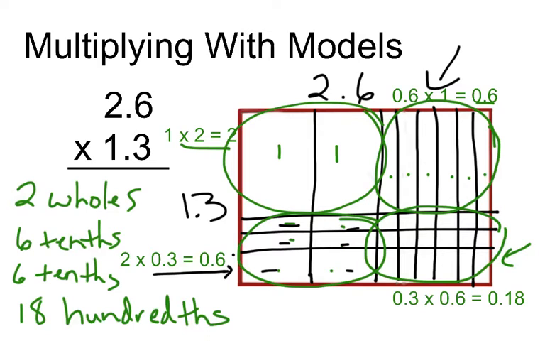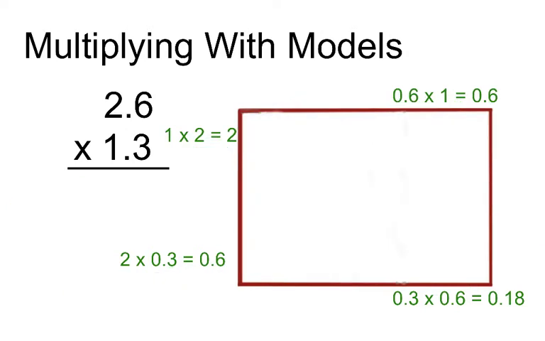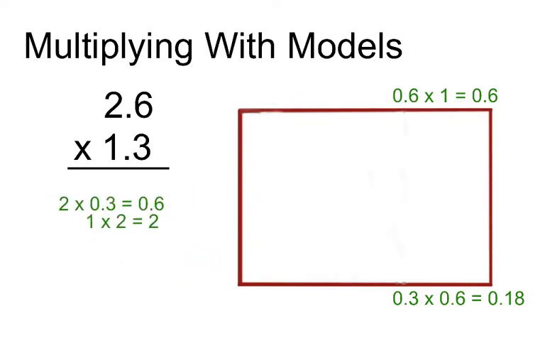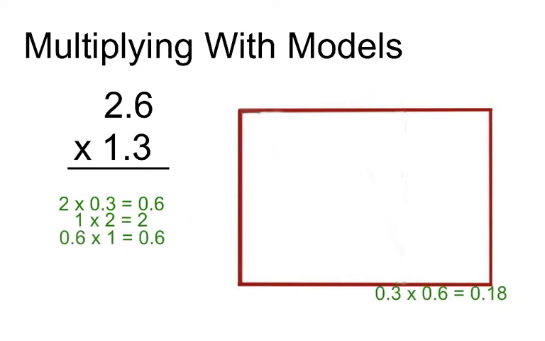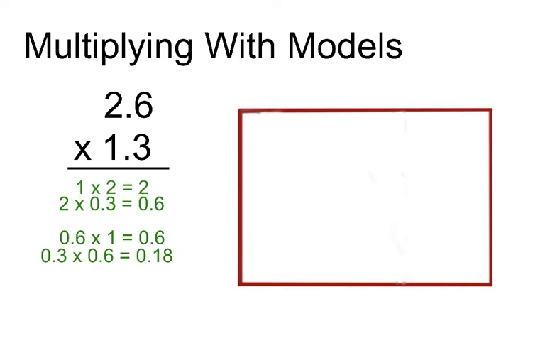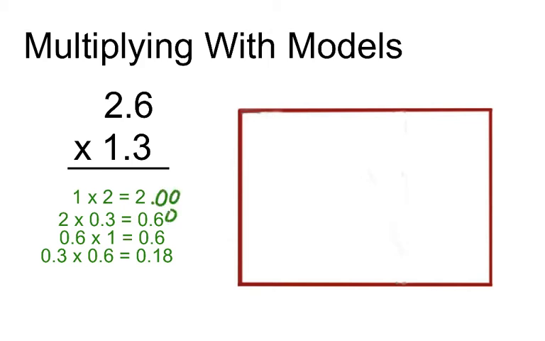You can do this by counting them up, or you can take your totals and align them. When we add, we align the decimals as needed. I can fill in my empty spots with zeros, and I can add all of my totals together.